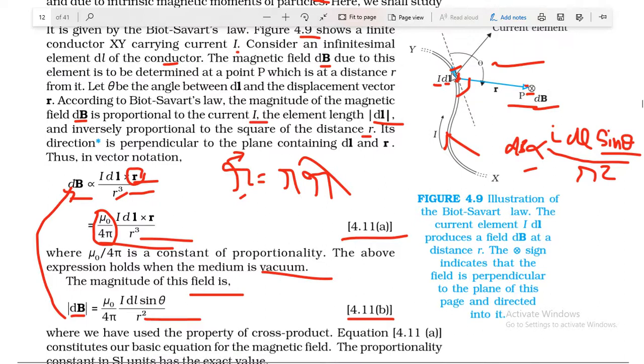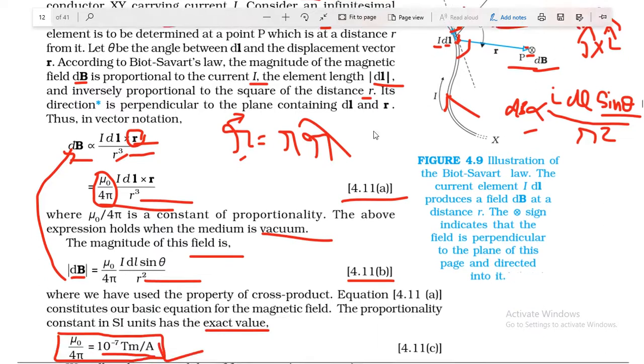Here dl cross r means we go from dl to r, which is clockwise, so it is like j cross i, and the direction of this magnetic field is along minus k.